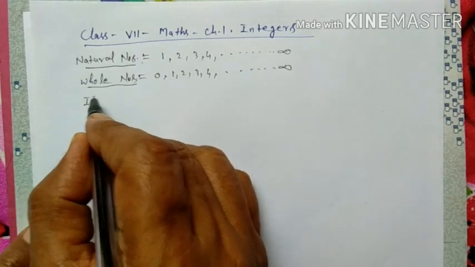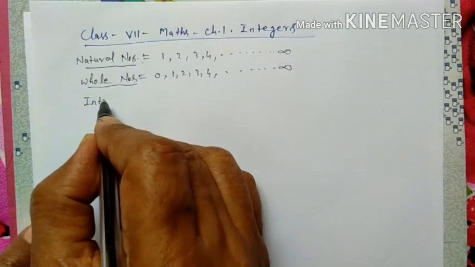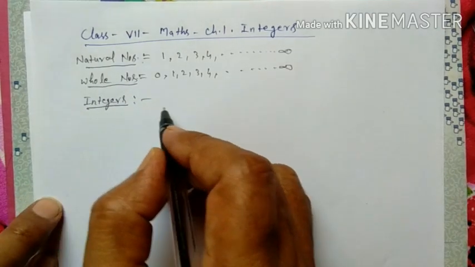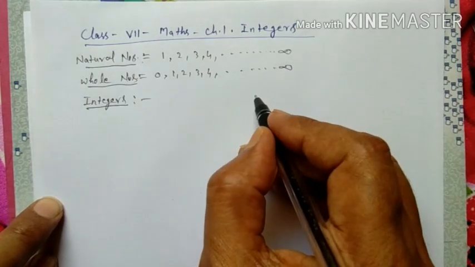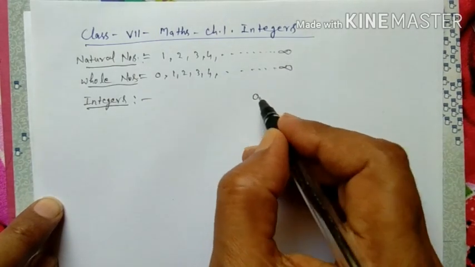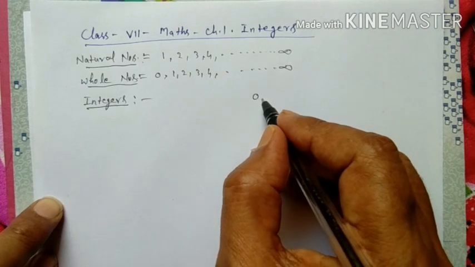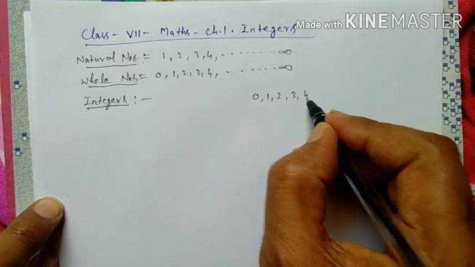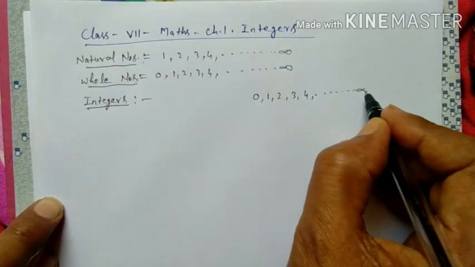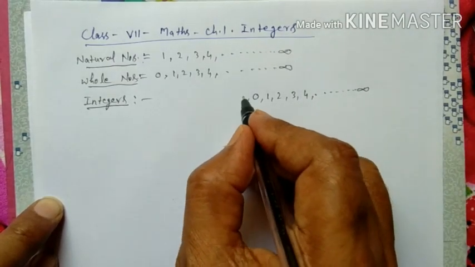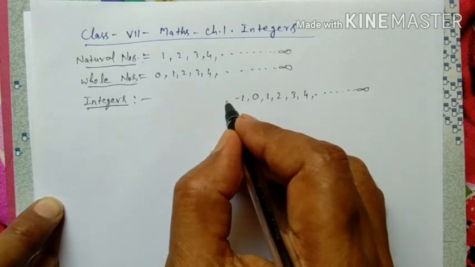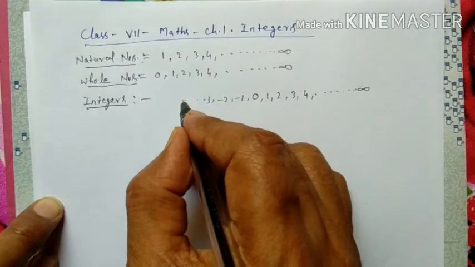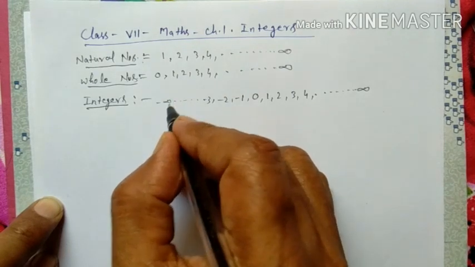So our topic is integers. We write integers like this: in the middle 0, on the right hand side 1, 2, 3, 4 up to infinity, and on the left hand side -1, -2, -3 up to minus infinity.